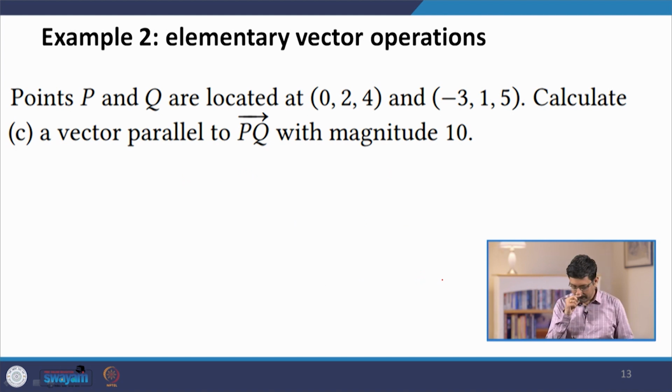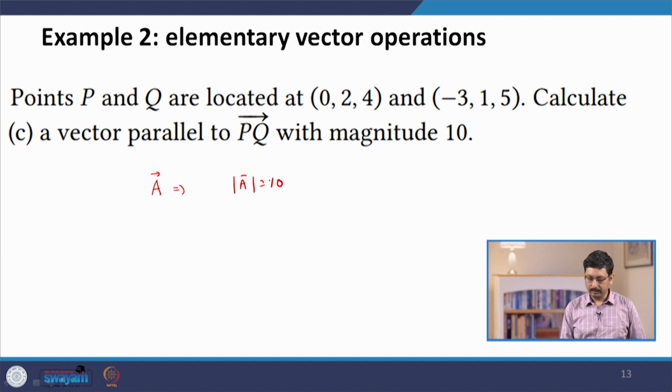Now, we want a vector which is parallel to PQ with magnitude 10. So, now I want a vector A. A has a magnitude 10, so mod A is 10.